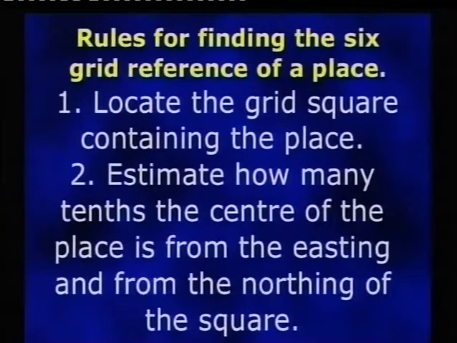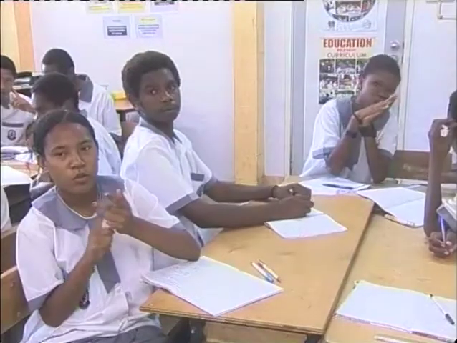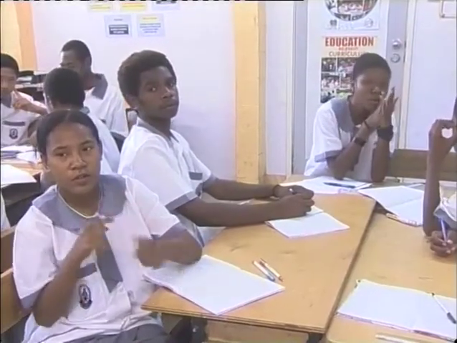All right. As I said, this time we're going to look at 6-figure reference. Looking at this grid here, let's look at J. You see that there's a point here.